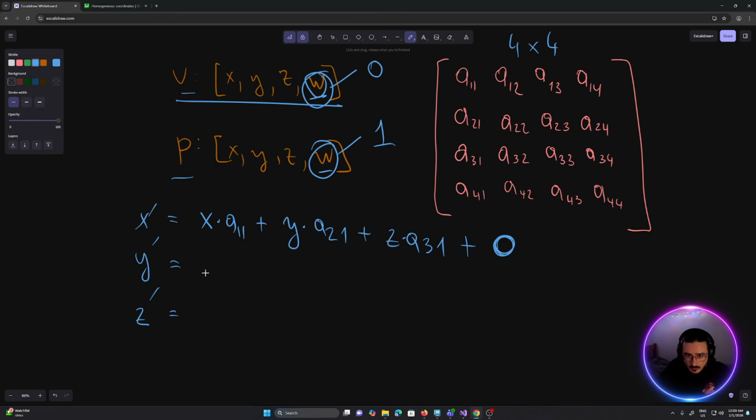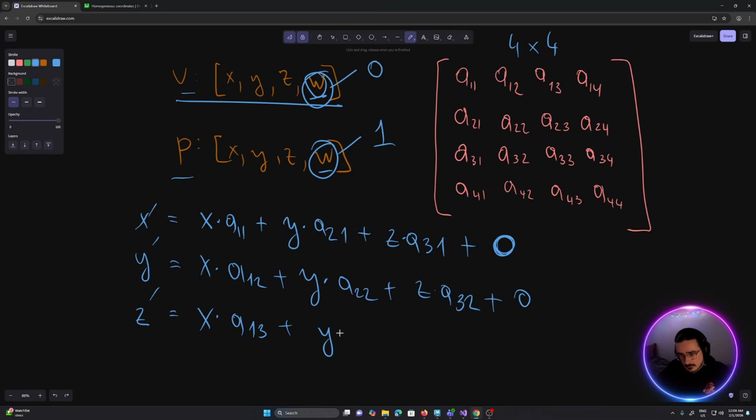So for y, that would be x times a12 plus y times a22 plus z times a32 plus 0. And for z component, we would have x times a13 plus y times a23 plus z times a33 plus 0 as well.